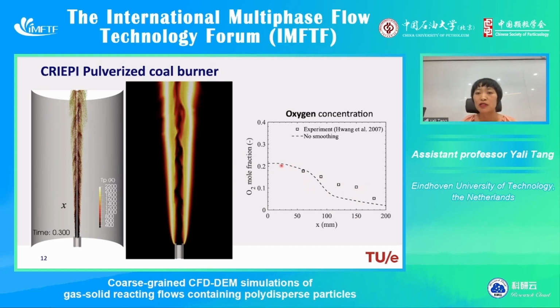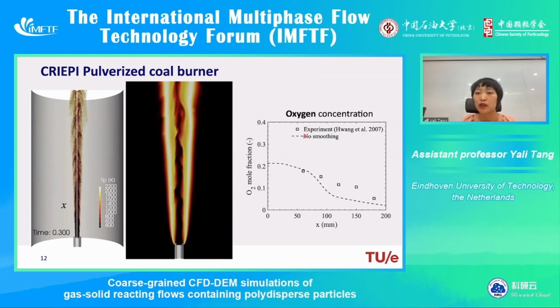As you can see, the simulation can capture the general trend of the experiment data, meaning that the oxygen level is decreasing along the central line because the oxygen is consumed by the coal combustion.